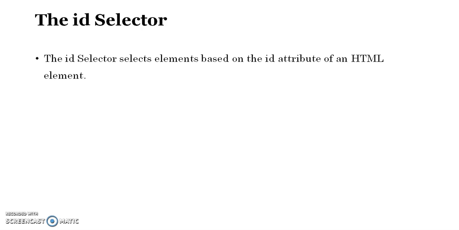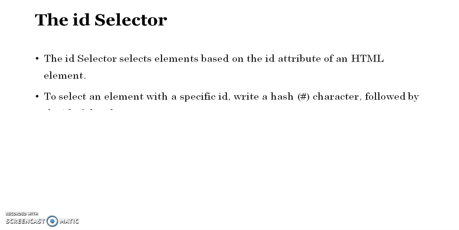Suppose there are 2 paragraphs in your web page and you provide the ID main to one paragraph and then you provide the ID sub to another paragraph. So now using this main attribute value, you can change the appearance of that paragraph only.